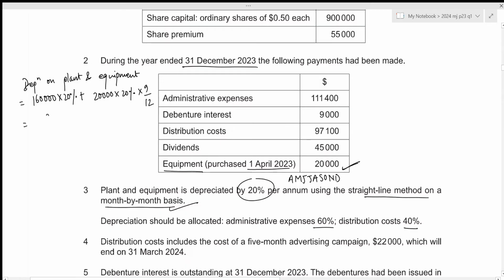This results in the total depreciation of 35,000. Now we need to divide it 60% and 40%. So 60% of 35,000 is 21,000 and 40% of 35,000 is 14,000. So this 21,000 should be included as part of the administrative expenses, and this 14,000 should be included as part of the distribution costs.